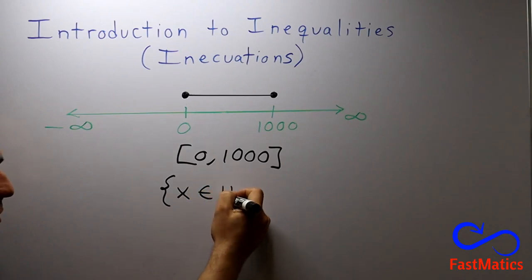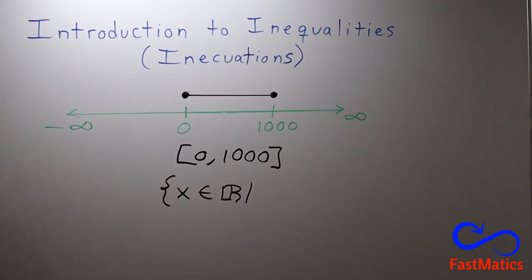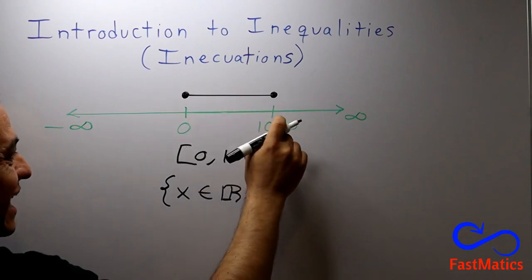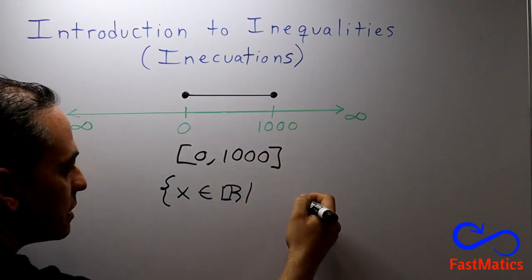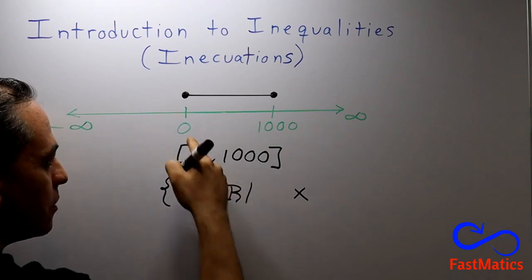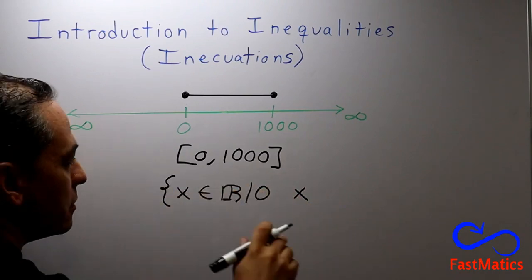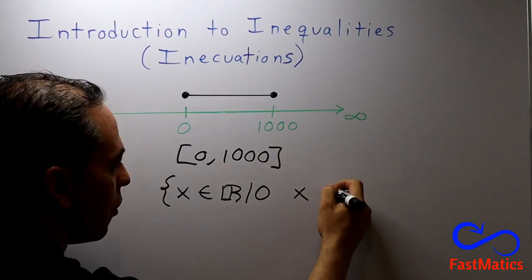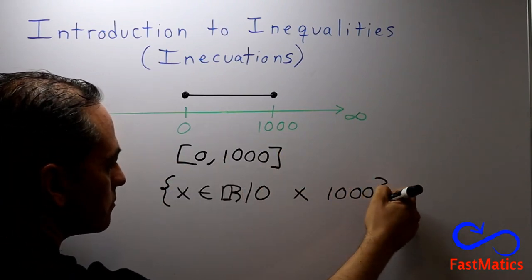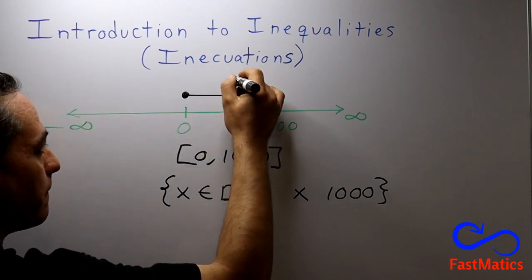Another way of representing it, the set of numbers, elements of the real numbers, such that, and pay attention here, if you are going to start in 0 and end in 1,000, you put the letter here, the number that is on the left side, the number that is on the right side, and imagine you are walking here.